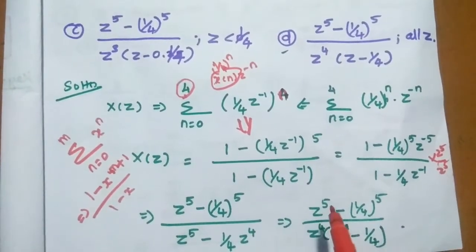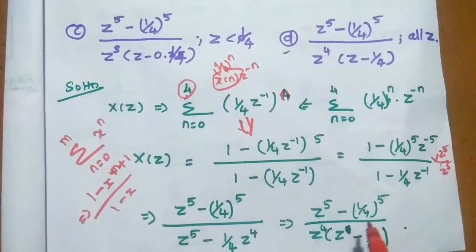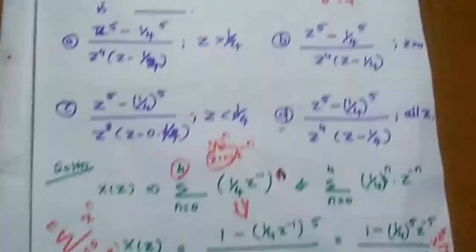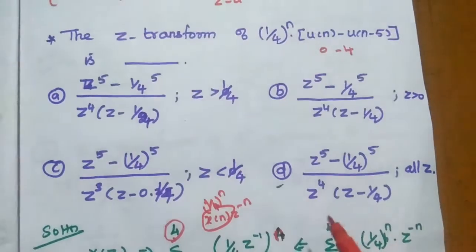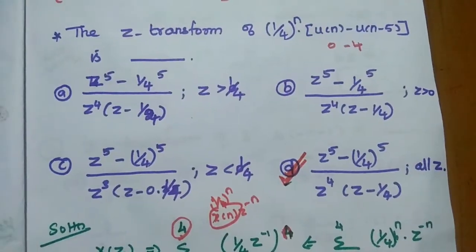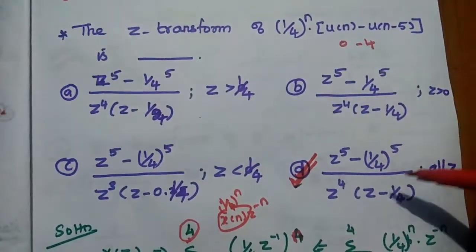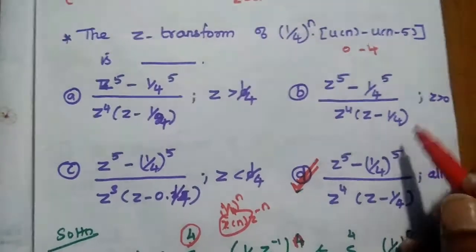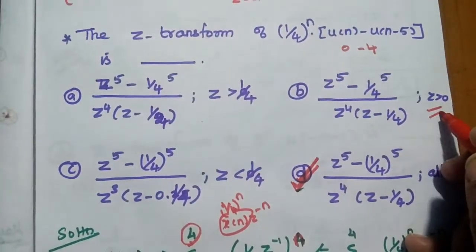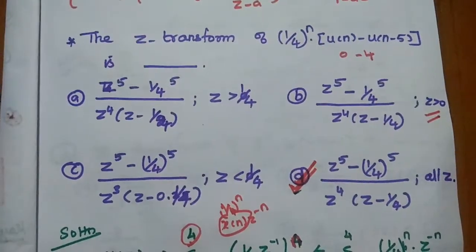We get the answer (z^5 minus (1/4)^5) divided by z^4 into (z minus 1/4). So the answer is the fourth one. This and this are common, but the ROC here is |z| greater than 0, whereas it is applicable for all z.